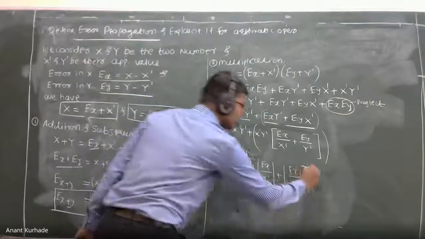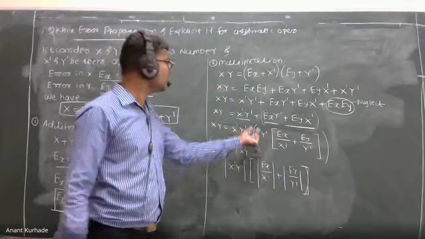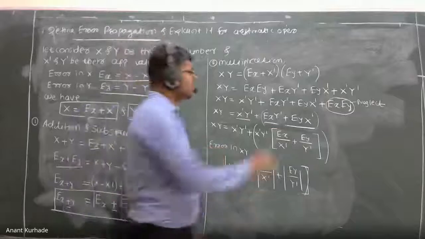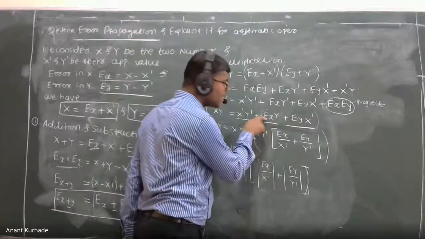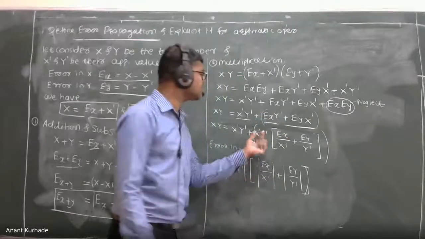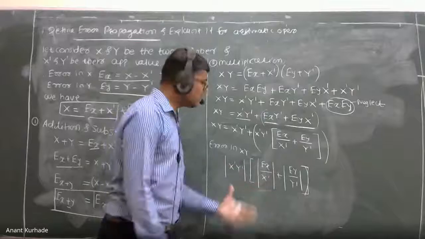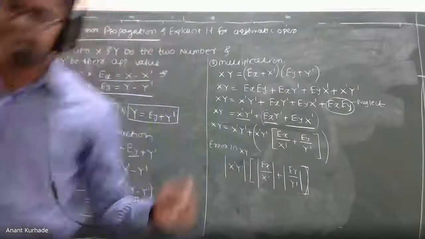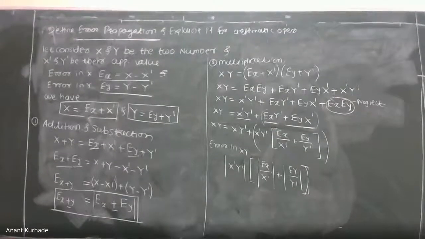Or you can keep this as it is, or you can separate it from x dash y dash. Always try to write the whole error in x in terms of this. Write this answer down. Again, we have 5 minutes. Write this. Simple.